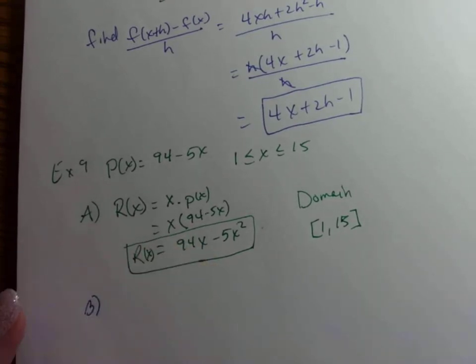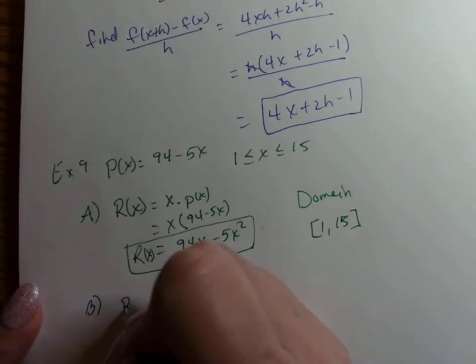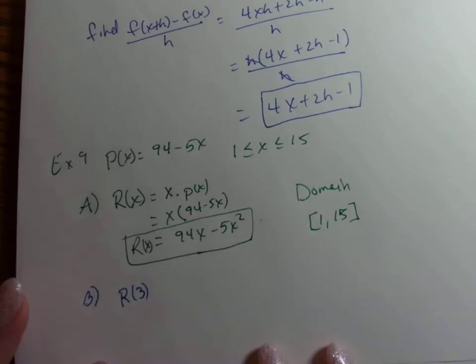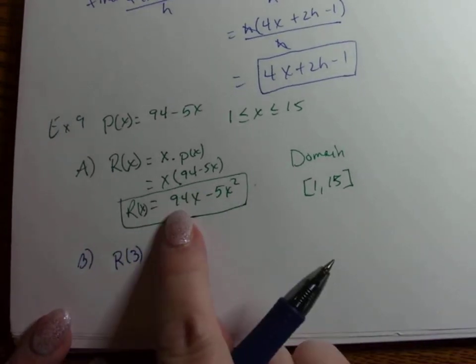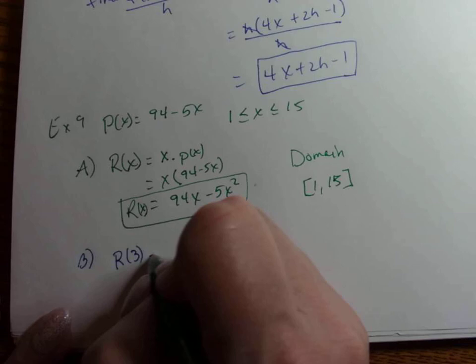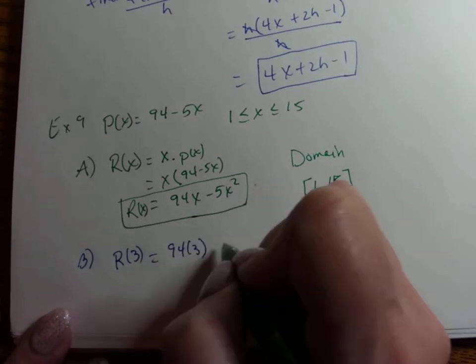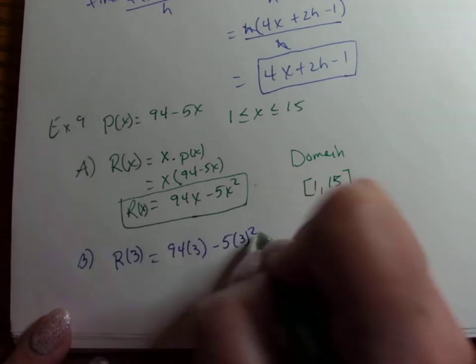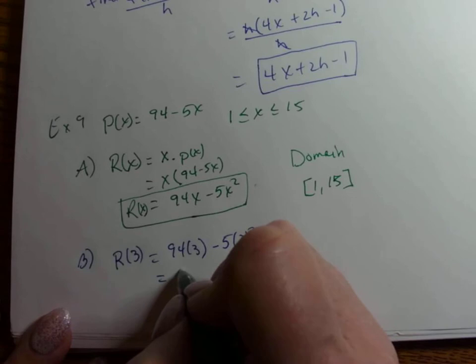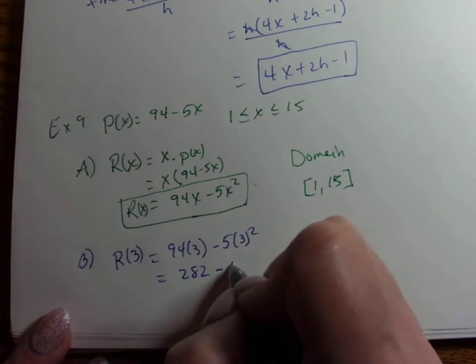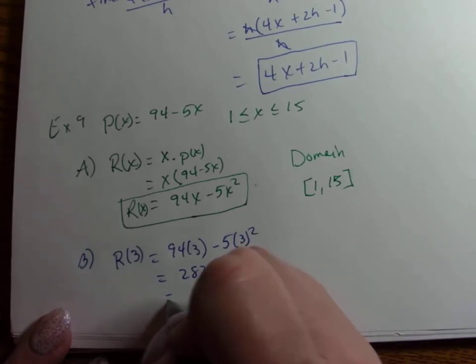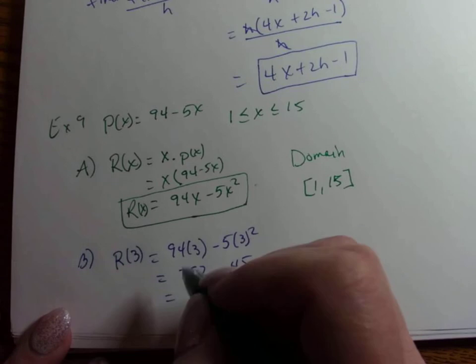For part B, we are asked to find the revenue if we sold 3 items. That's R at 3. So we're going to plug in 3. We get 94 times 3 minus 5 times 3 squared. This will get us 282 minus 45, which will get us 237.